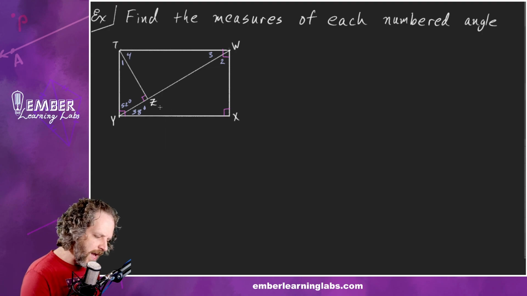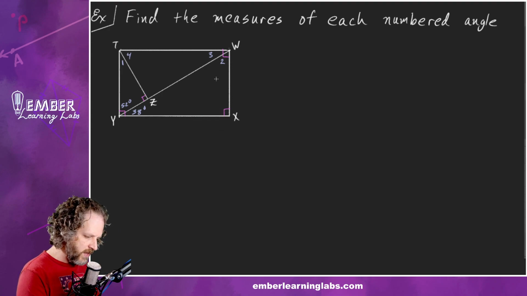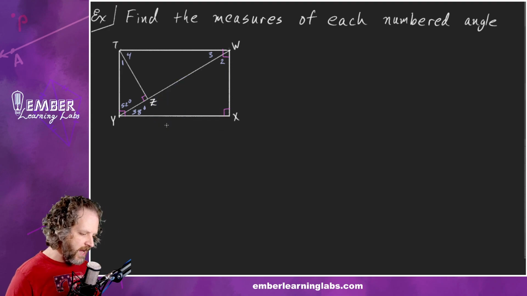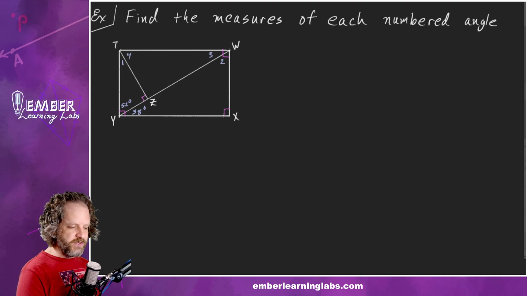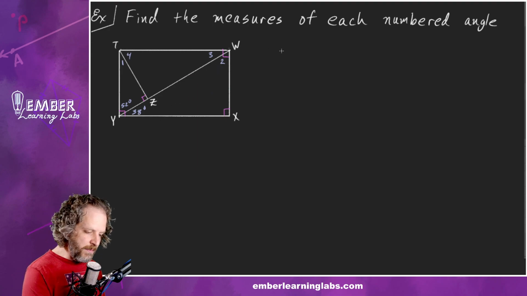Well, I can take a look here and realize that this triangle, this one right here, is a right triangle. Since there's the right angle, that means that these two angles are complementary. So the measure of angle 2 plus 38 equals 90.